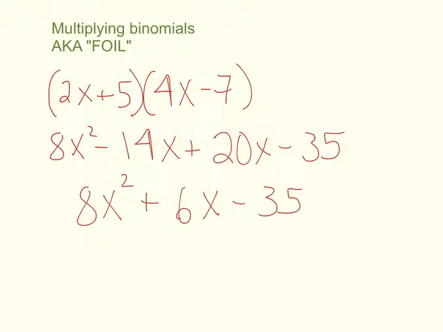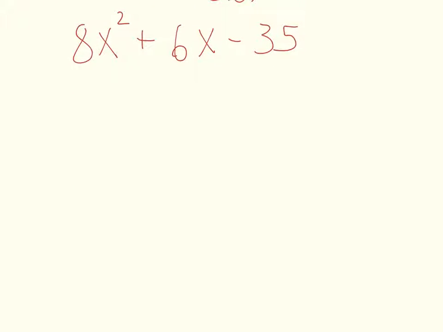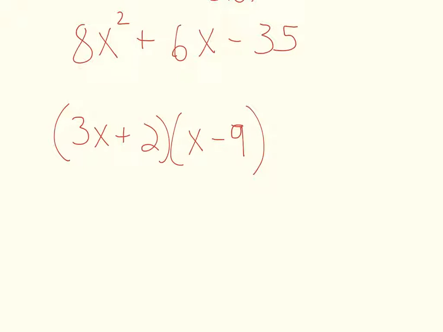Now, the other thing with FOIL is you want to get so that you can do this really quickly. You don't really want to write these out. So you might have something like, let's do 3x plus 2, x minus, let's say 9. Okay, we know our first term is going to be the product of these two. So I know that that's going to be 3x to the second.